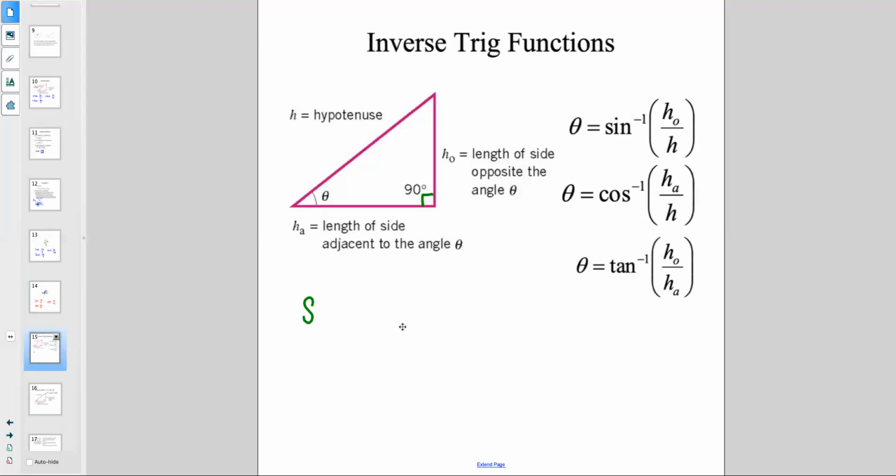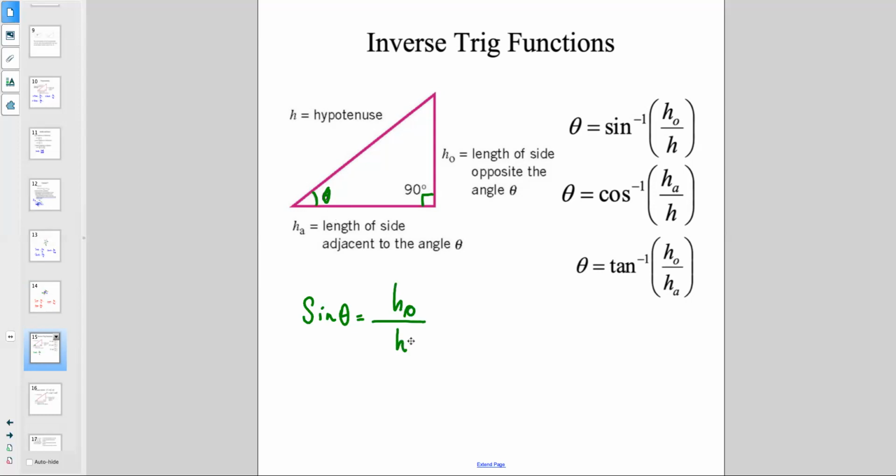That's where the angle is. And this is theta. This will be HO, this will be HA, and that will be our hypotenuse. So just H. So sine of theta is HO over H.